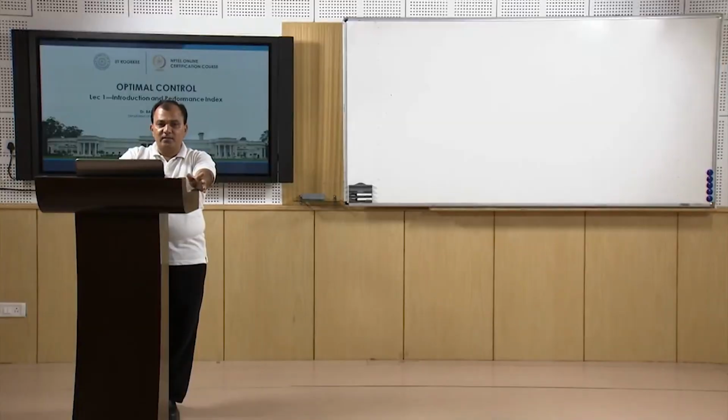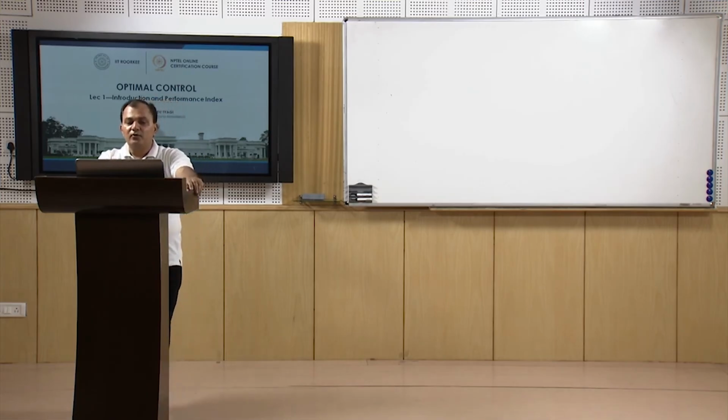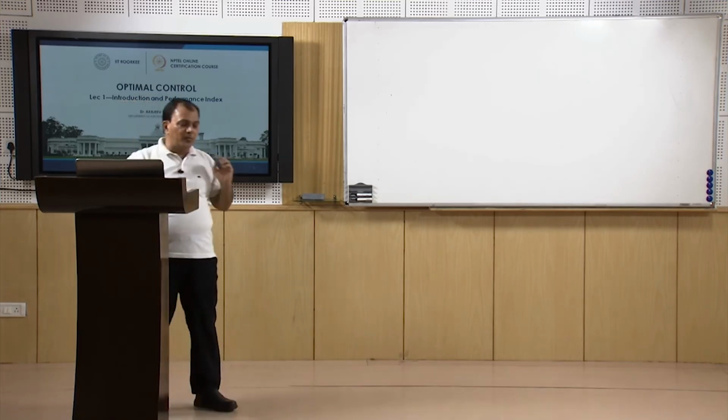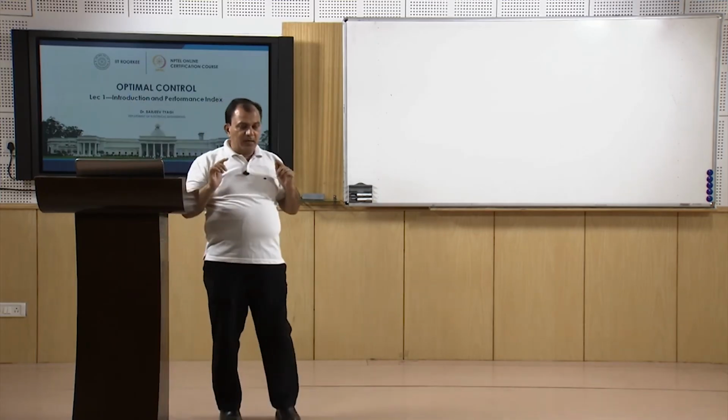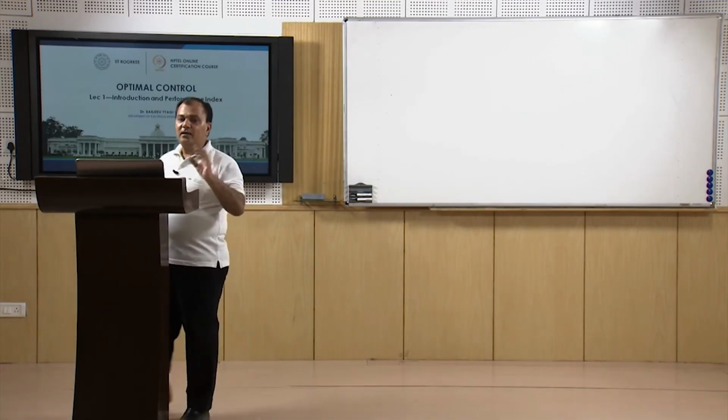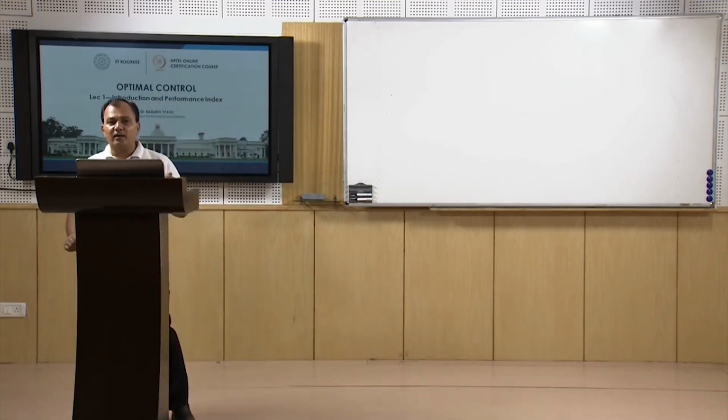My next desire may be to minimize my control efforts. Control efforts means I will minimize my control energy. Energy in any form I can represent as the square of my input, like I square R. I square R is my power loss.